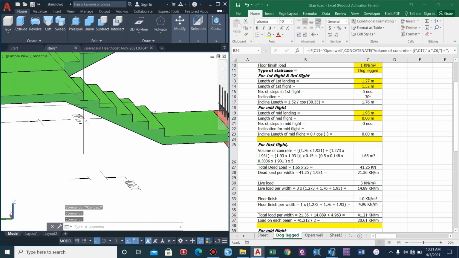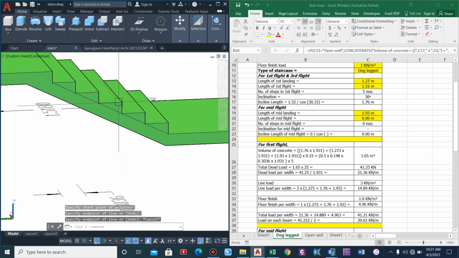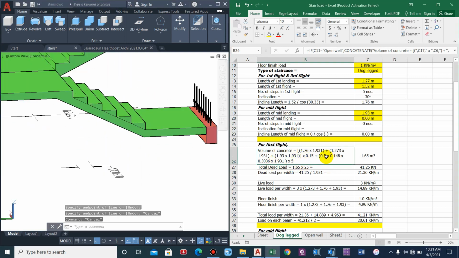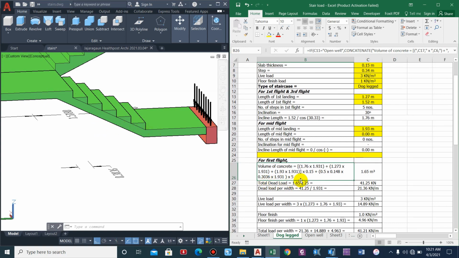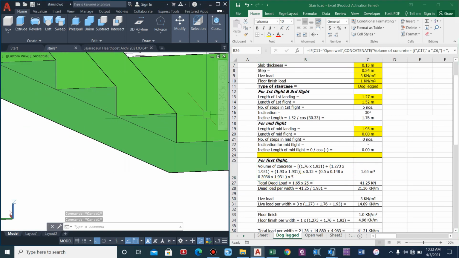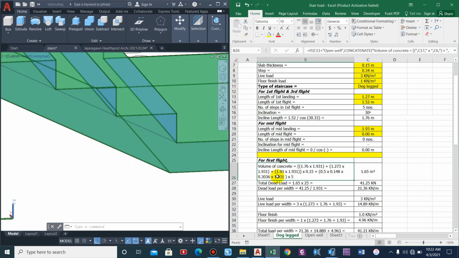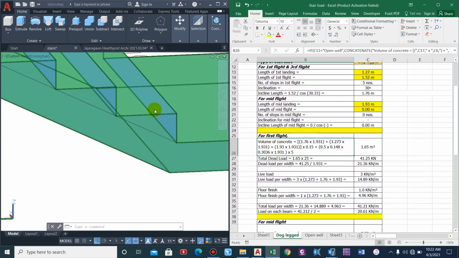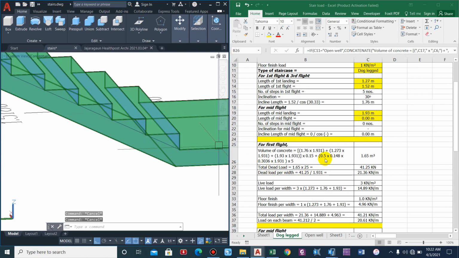We have just computed this portion, we have neglected the steps, so we have to compute the volume of steps as well. Area of triangle is 1 by 2 into b into h, so 0.5 into b being base, which is 0.148, into 0.306. Considering width, that is 1.931, we'll get the volume: 1 by 2 into b into h into length.